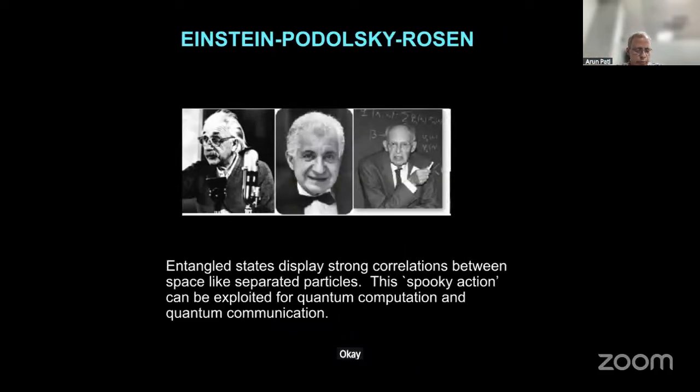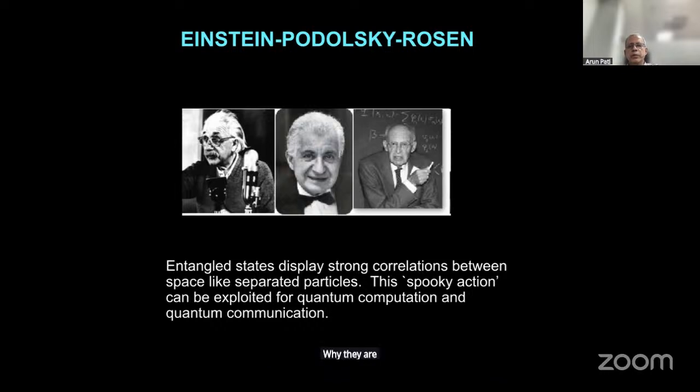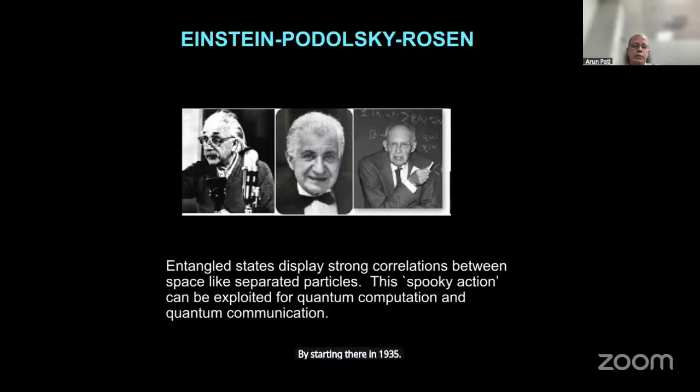Okay, now I will go to the quantum communication side and a few other things. Before I go to quantum communication, I have to tell you about the notion of entanglement, why it is interesting, and what you can do with quantum entanglement. Now, we have been using this notion of entanglement over the last 30 years or so, but it was already discovered by Schrodinger in 1935, many years back.